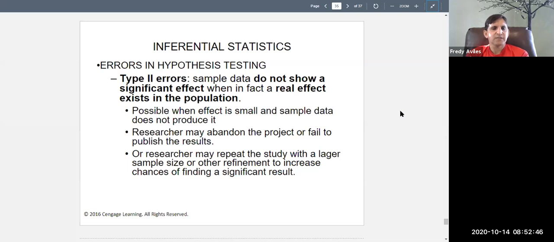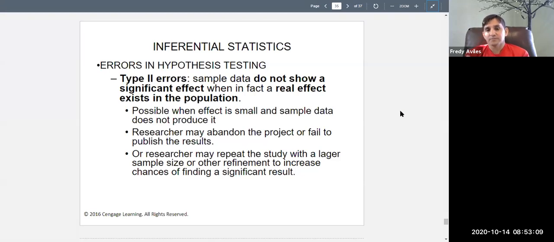So let's say the difference between how much Republicans and Democrats like Donald Trump is small, then it would be hard to find that the effect is real or significant. In reality though, the difference is large. It's a big difference between how much Republicans like Donald Trump and how much Democrats like Donald Trump.